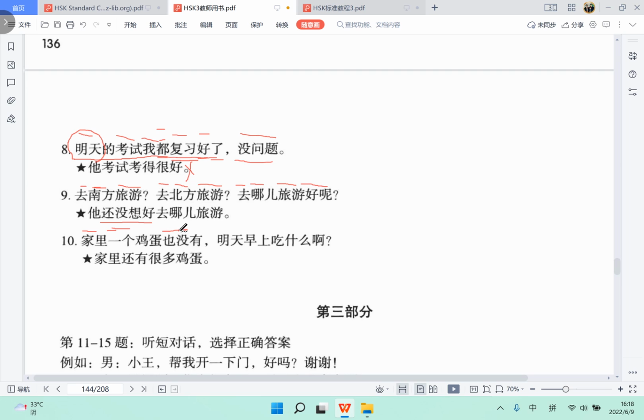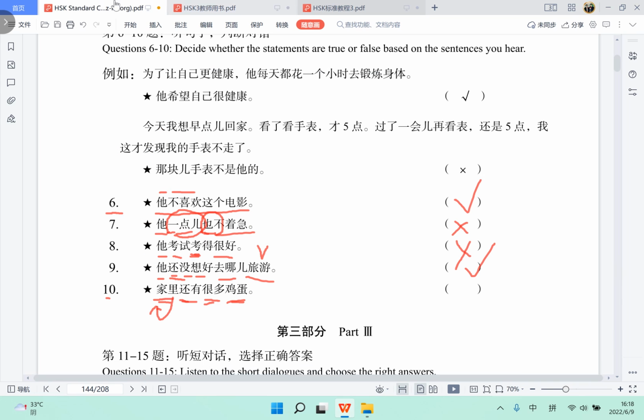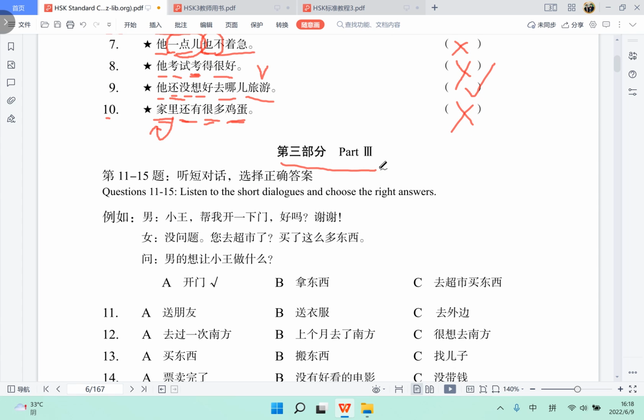There is no egg, not even one. 明天早上吃什么? So 第10个错的.